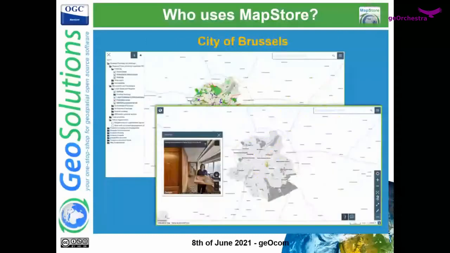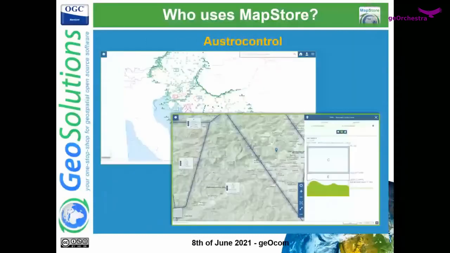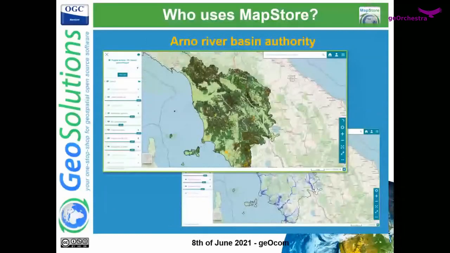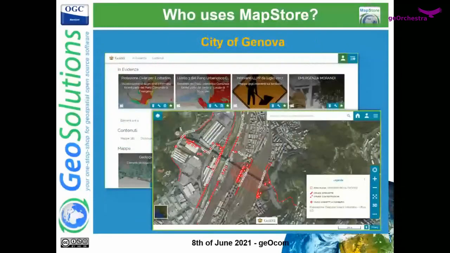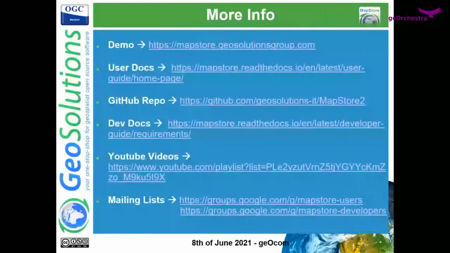City of Brussels, this is a simple one. Austro Control, and some other public administrations here in Italy, like the Arno River Basin Authority and the municipality of Genova, and so on. Online you can find a lot of information about MapStore.